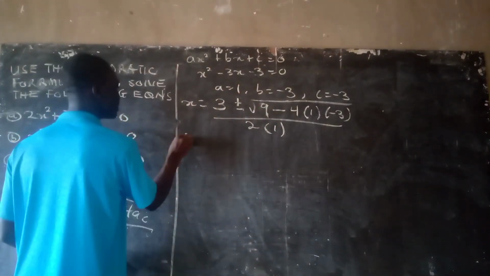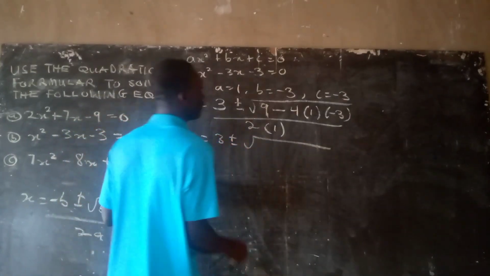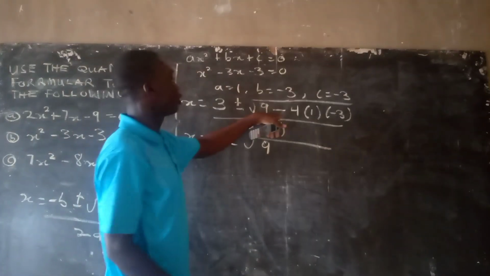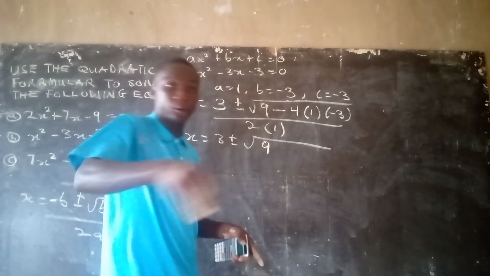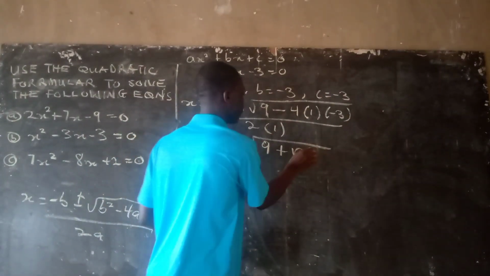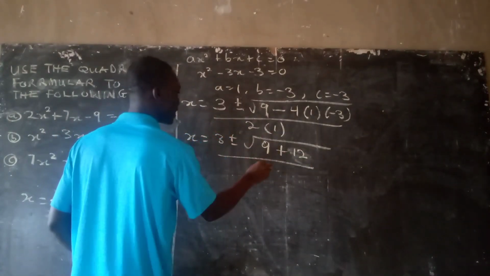So we have x is equal to 3 plus or minus the square root of 9. So negative 4 times 1 gives us negative 4, and negative 4 times negative 3 gives us positive 12, all over 2 times 1, which gives us 2.